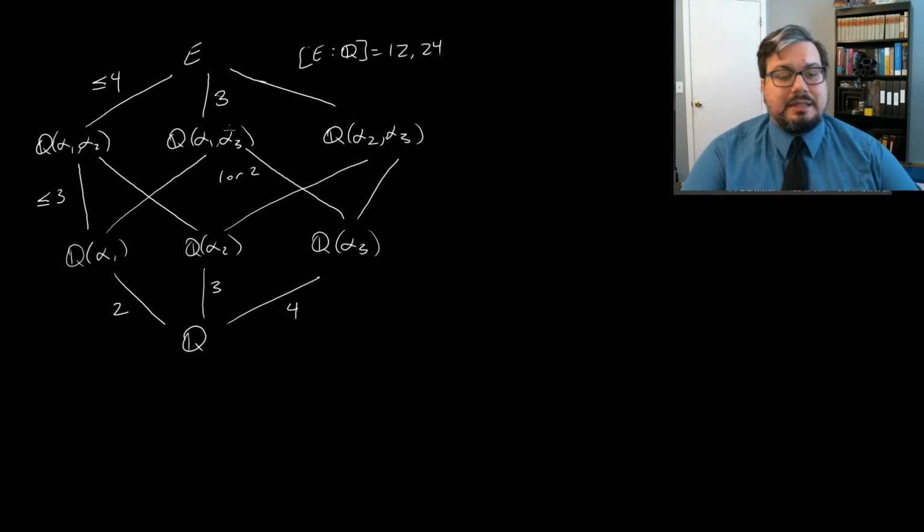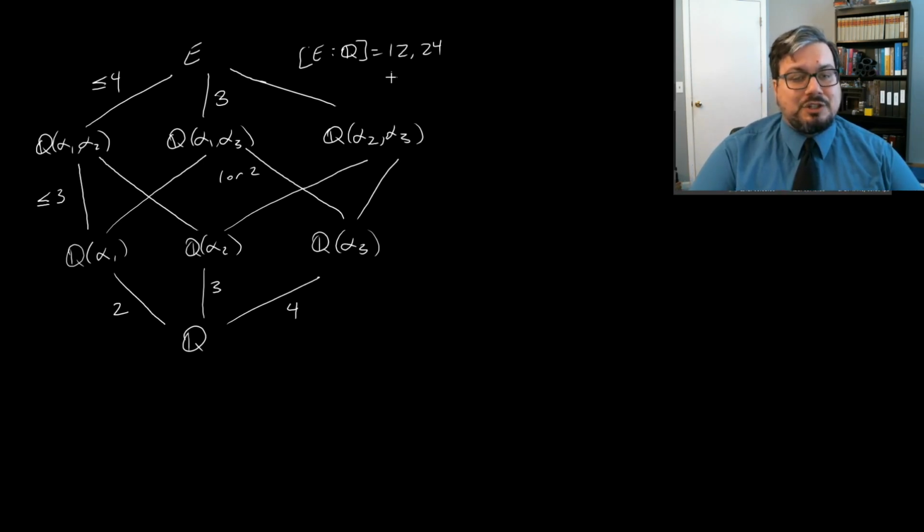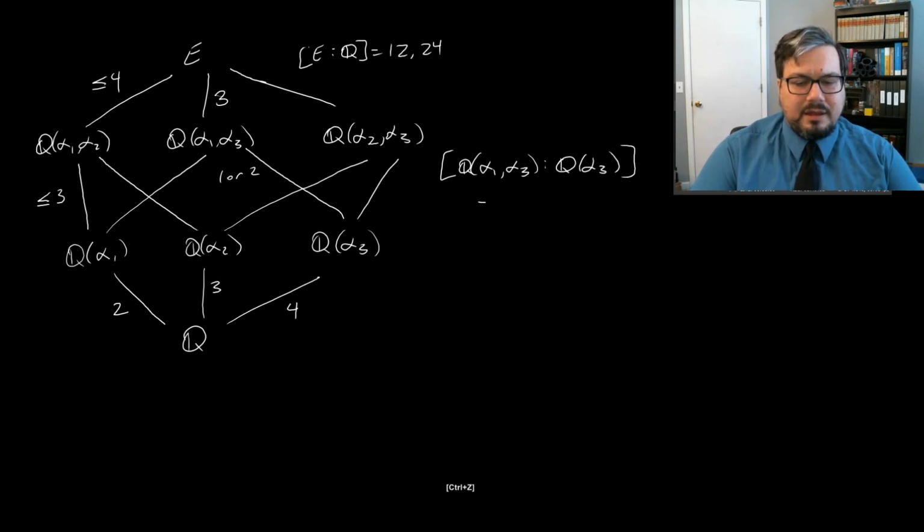So, given all that, determining whether the degree of E over Q is 12 or 24 can be determined by saying, is the degree of Q(alpha 1, alpha 3) over Q(alpha 3) equal to 1 or 2?